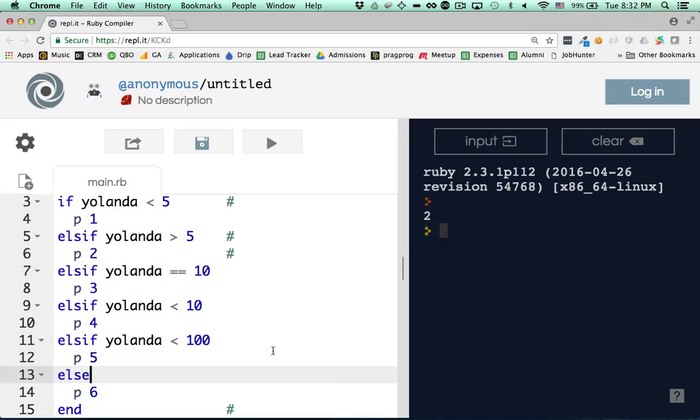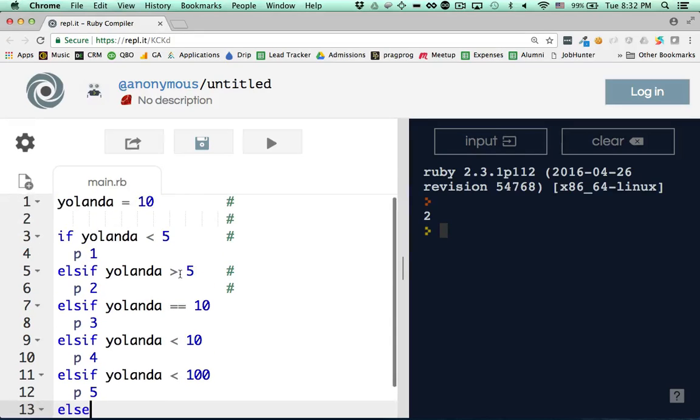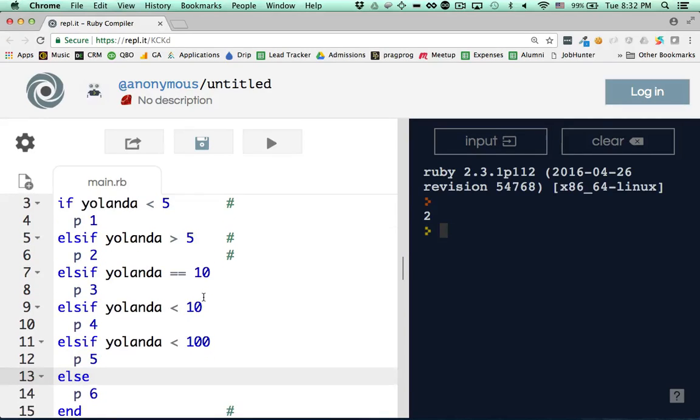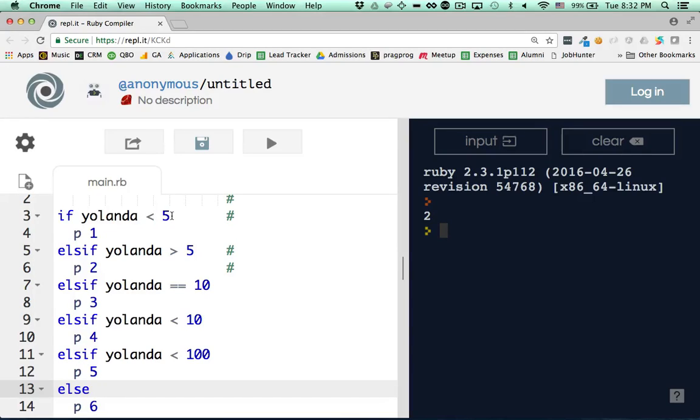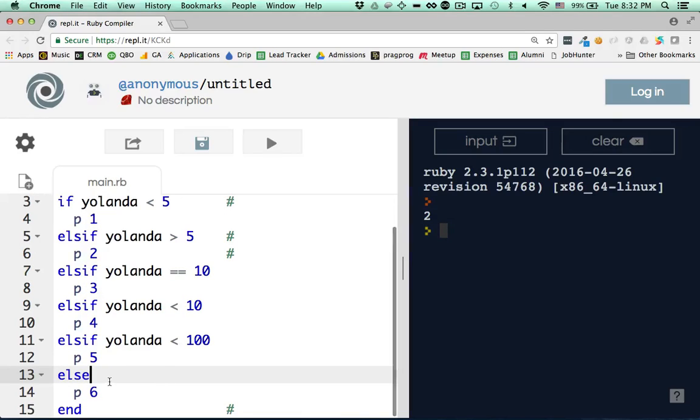Complex number. Well, it's a good idea to have it, though, just in case you screw the top part up, maybe. I don't think I can come up with a number because any number is for sure going to be either less than 5 or greater than 5. And if you tell me 5 itself, that's less than 10 and less than 100. So I can't come up with any number. That's why I don't have an else there.